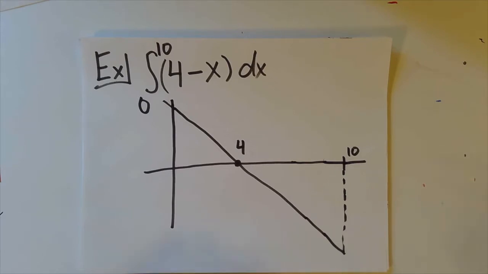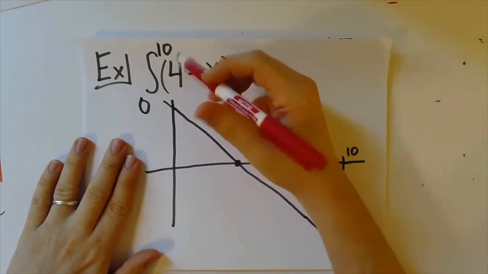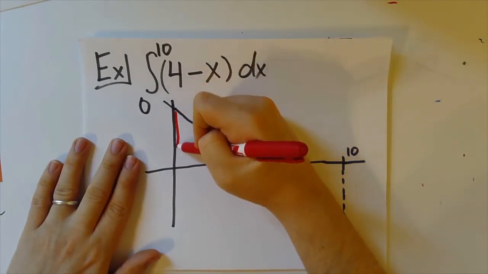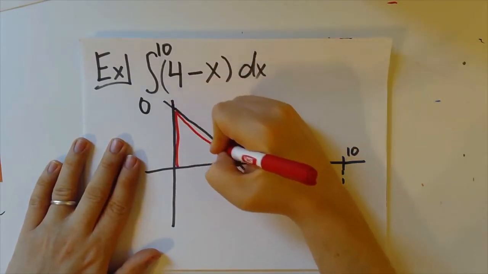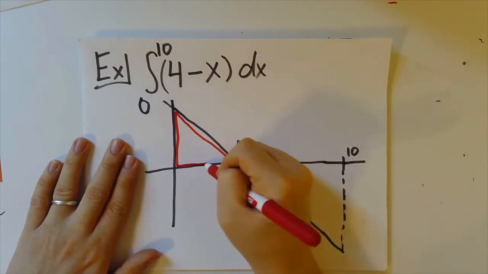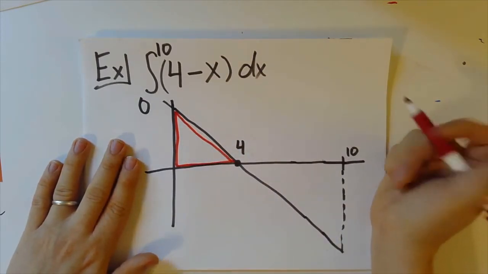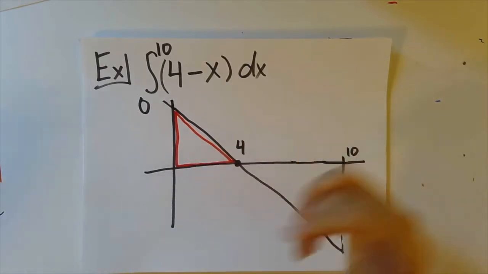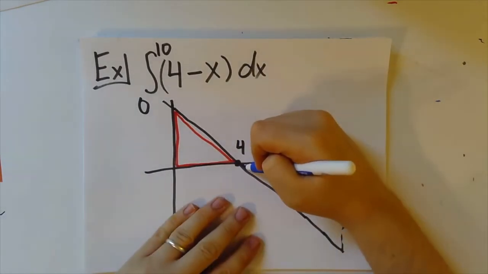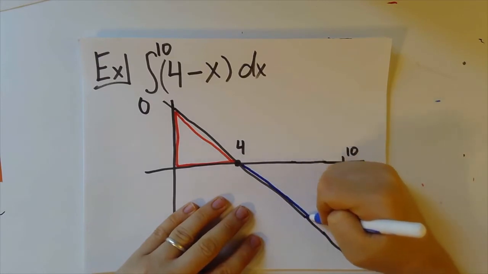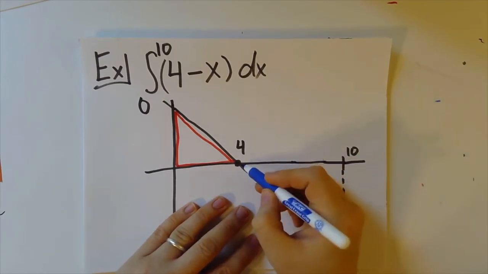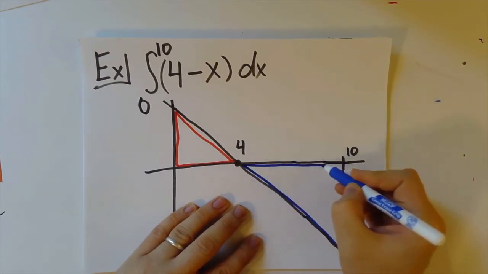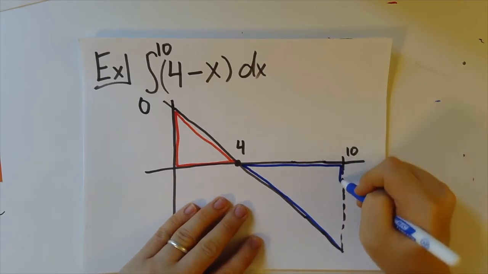And so what you can see is we've got this triangle, and this triangle's above the axis. So it's going to have its area counted as positive. And this area over here, this triangle is below the axis, and so its area is going to get counted as negative.